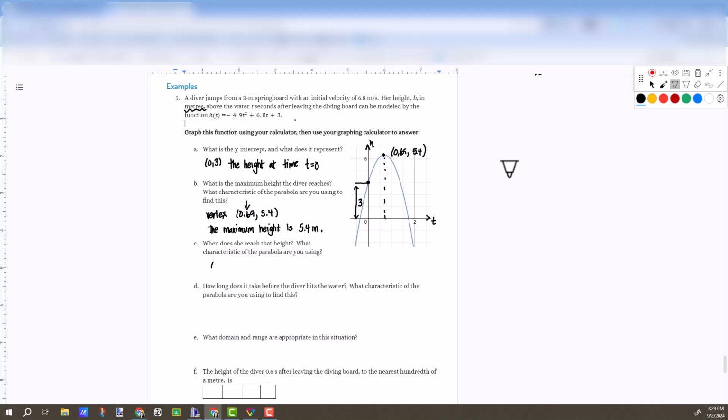In other words, at 0.69 seconds, she will reach the maximum height. There we go.